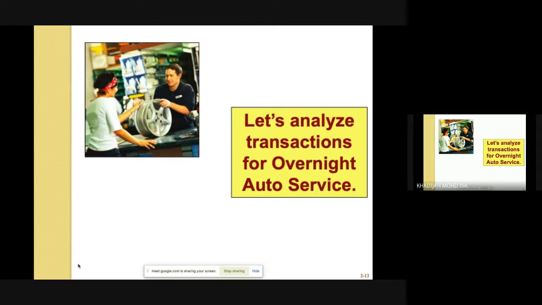So in this example, we have Overnight Auto Service. It means that when you analyze a company's performance, number one, you have to understand what the business of the company is. Is this a company that sells services or a company that sells goods? The nature of the accounting for different types of businesses is also a bit different.